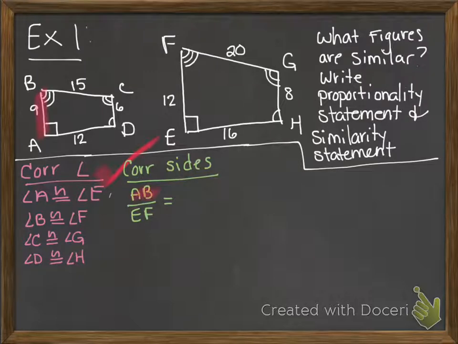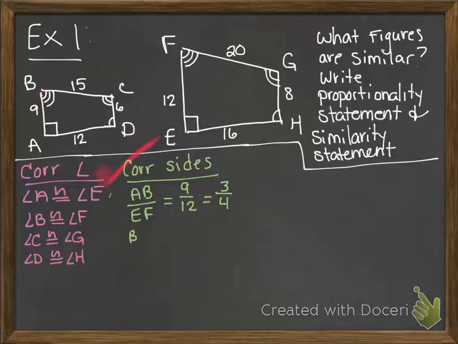So here I got AB, and here I got EF. Those are corresponding, so I want them to be proportional, so I want to figure out what the ratio is. So I know AB is 9, and I know EF is 12. I also see that 3 goes into both 9 and 12, and that'll leave me with 3/4. We can always plug this into our calculator, but we want to make sure that we simplify as much as possible.